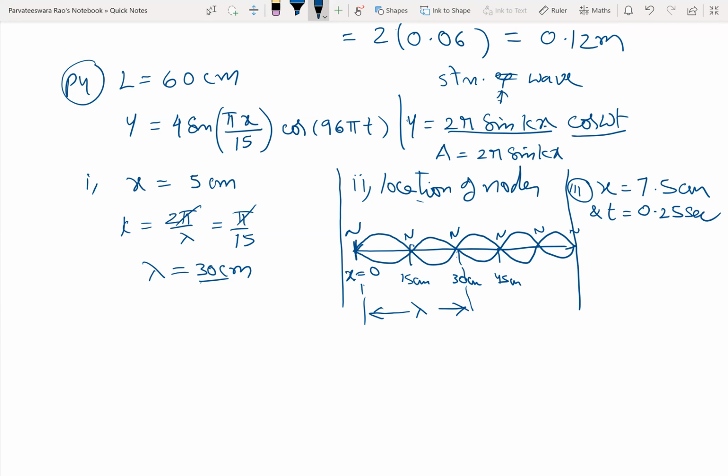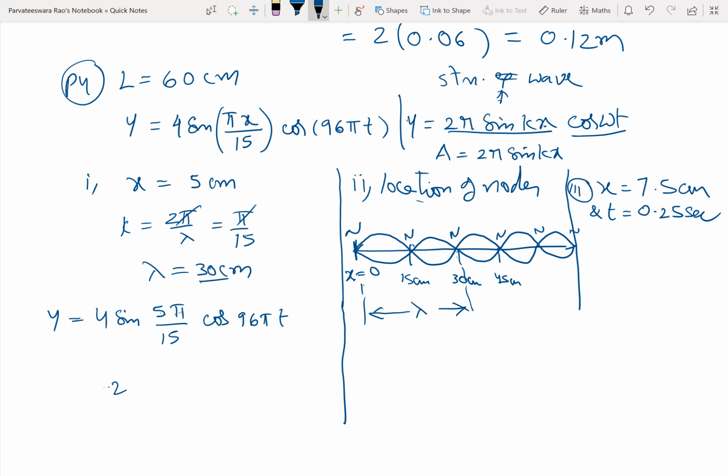So here you wanted displacement at x is equal to 5. So y is equal to 4 sin(5 pi by 15) cos(96 pi t). So 5 pi by 15, what is the value?